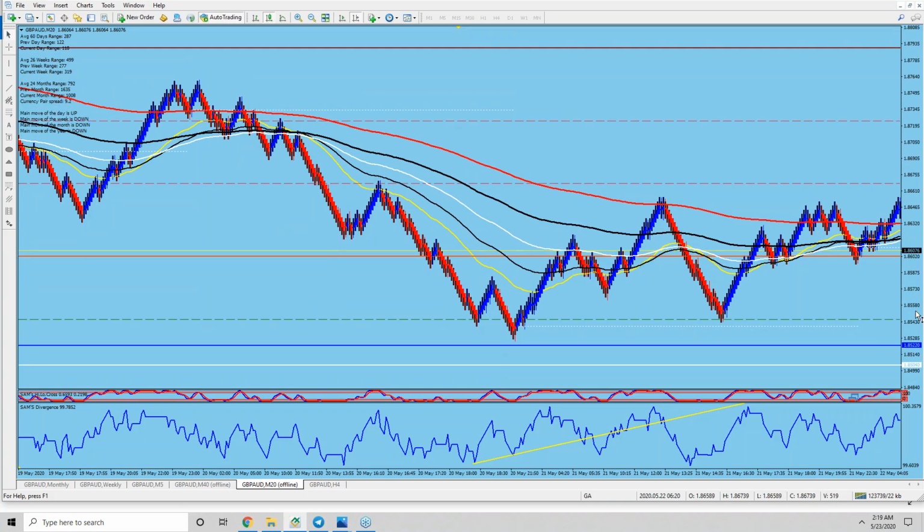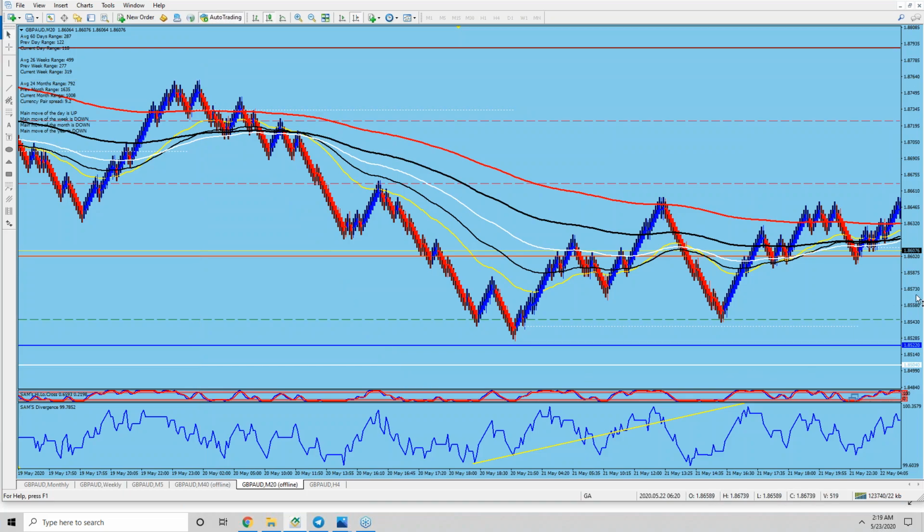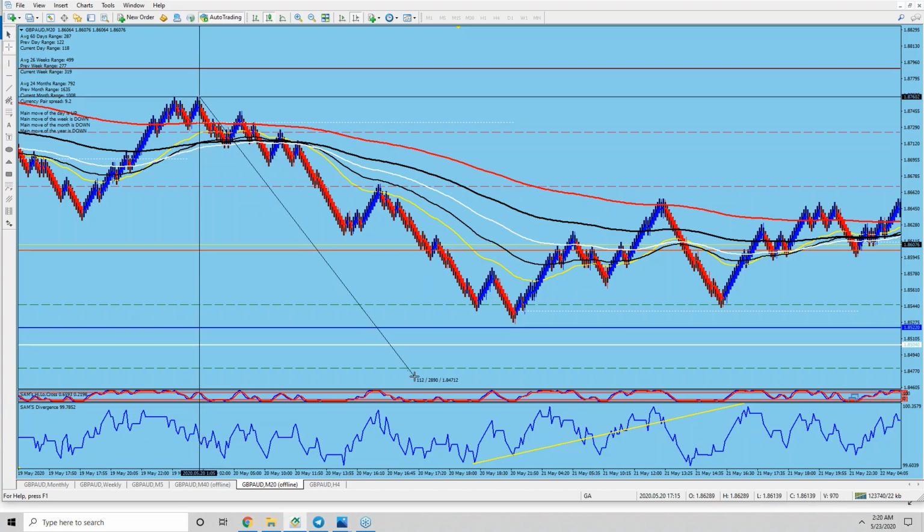It's even lower. Okay, I'm going to go from here again. 287 is 257, even below that, right? Somewhere there. Let's go 287 pips, right?